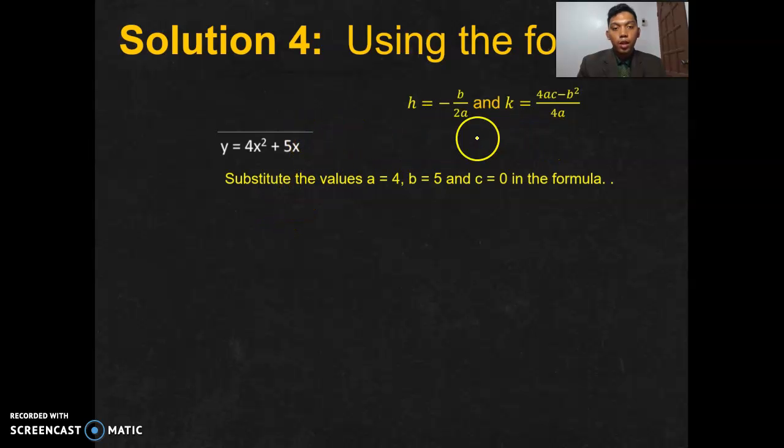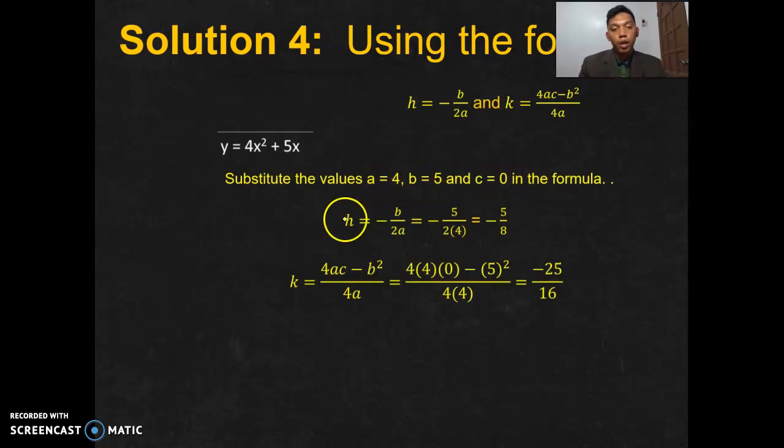Basically in this part, even though there are parts of the equation that are lacking, if it's not present there, just assume that whatever part is missing, equate it to 0. So here the constant is 0. So basically we put c is equal to 0. A is 4, b is 5. So again, substitute.